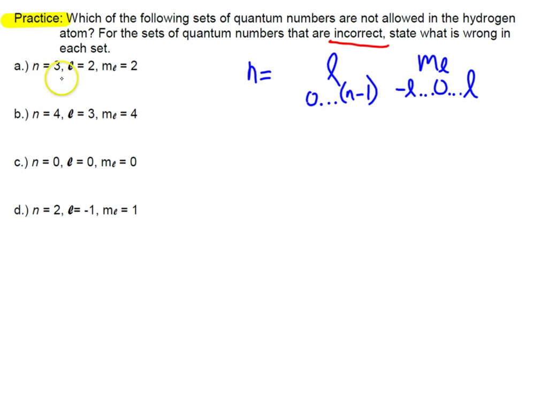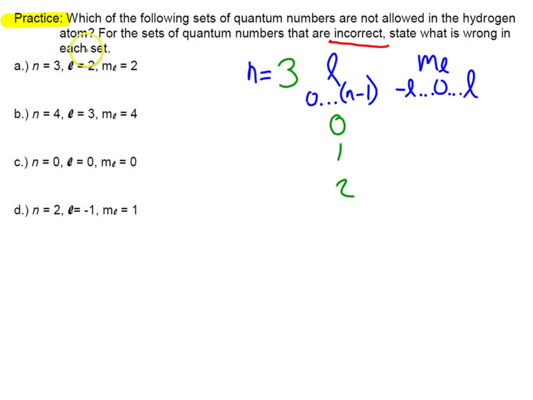So for A, what you would do is take n equals 3 and then solve for the l values possible from an n value of 3. Using this equation, we would find that l values would range from 0 to 2.